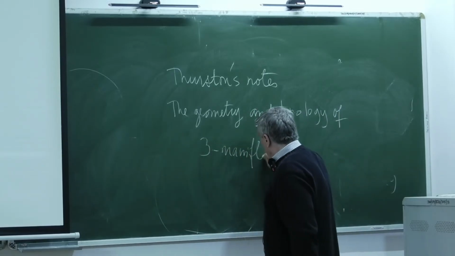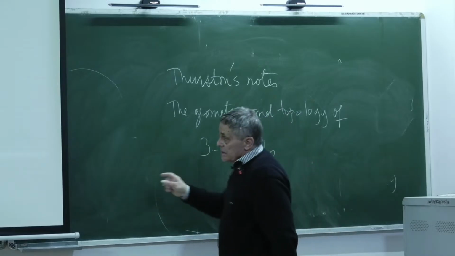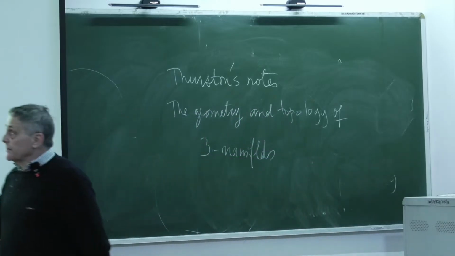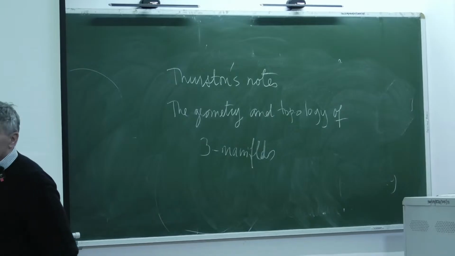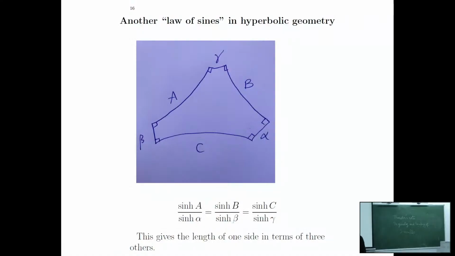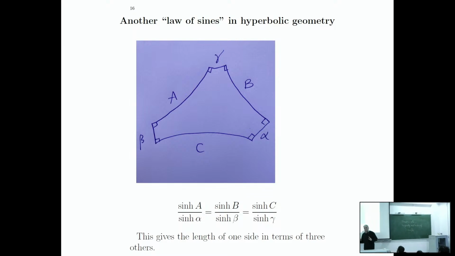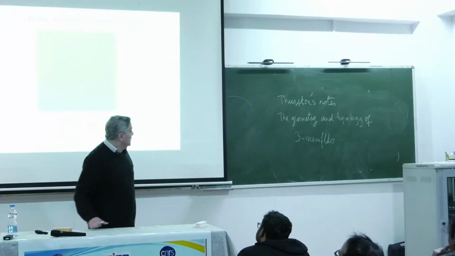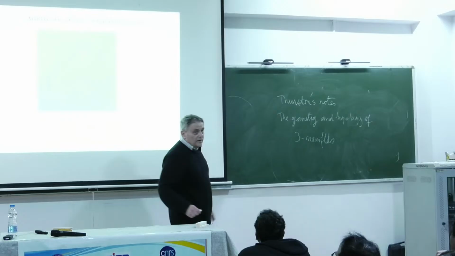The notes are on three-manifolds, but there are some chapters on surfaces. This is from chapter 2. Chapter 2 is hyperbolic trigonometry. And he does, at the same time, the spherical and the hyperbolic trigonometry, which I think is the correct way to understand things. You have to do them together. If you are interested, you look at this. These are available on the internet, in fact.